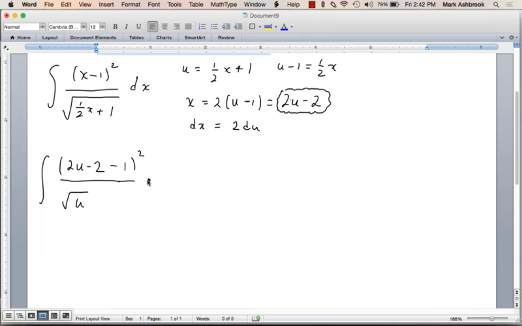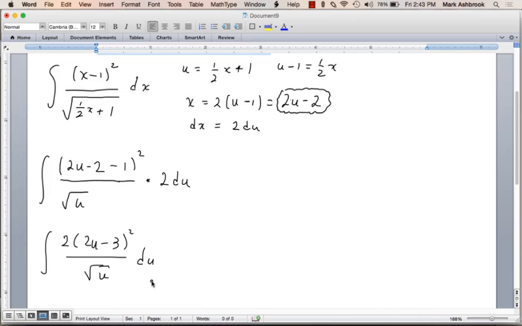Oh, okay, sorry, you may have been absolutely right. I didn't really pay attention. So this is the first step, and then you pulled the 2 out in front. You said 2 times 2u minus 3 squared over square root of u du. Okay, so you just went right to the simplified version. Good job.